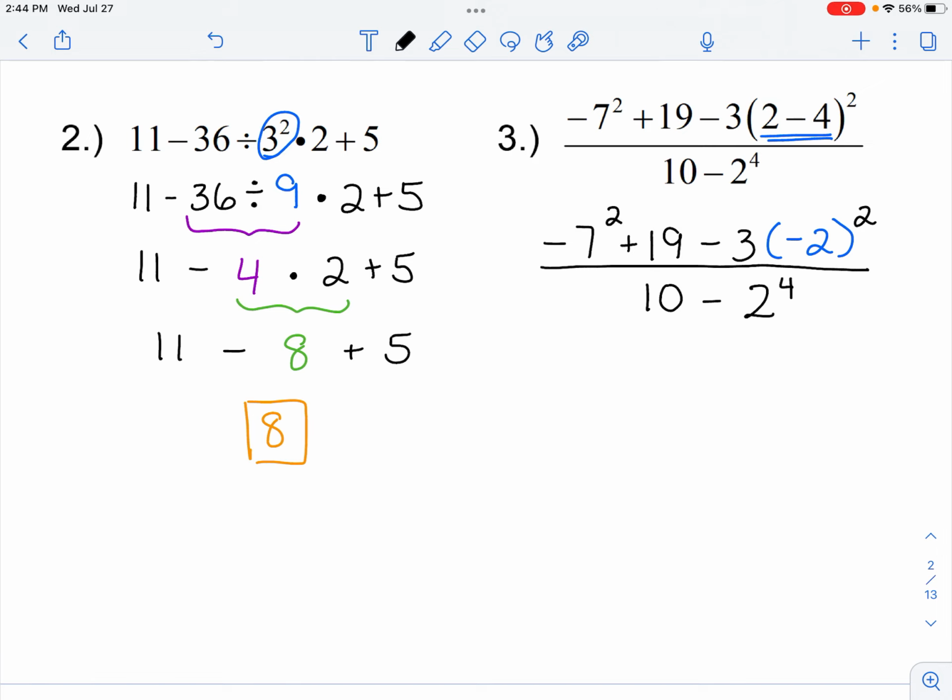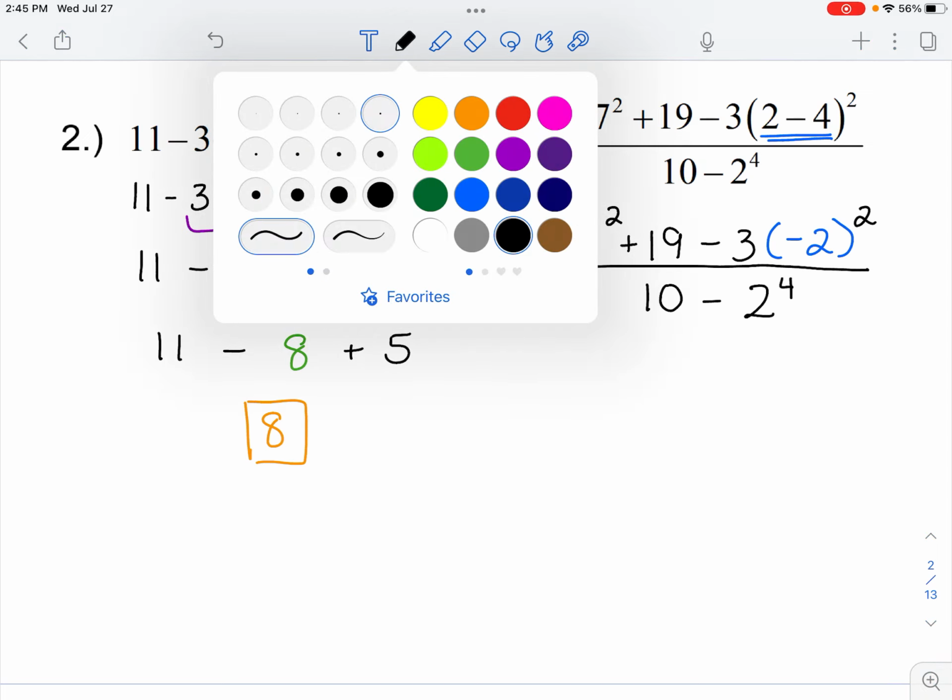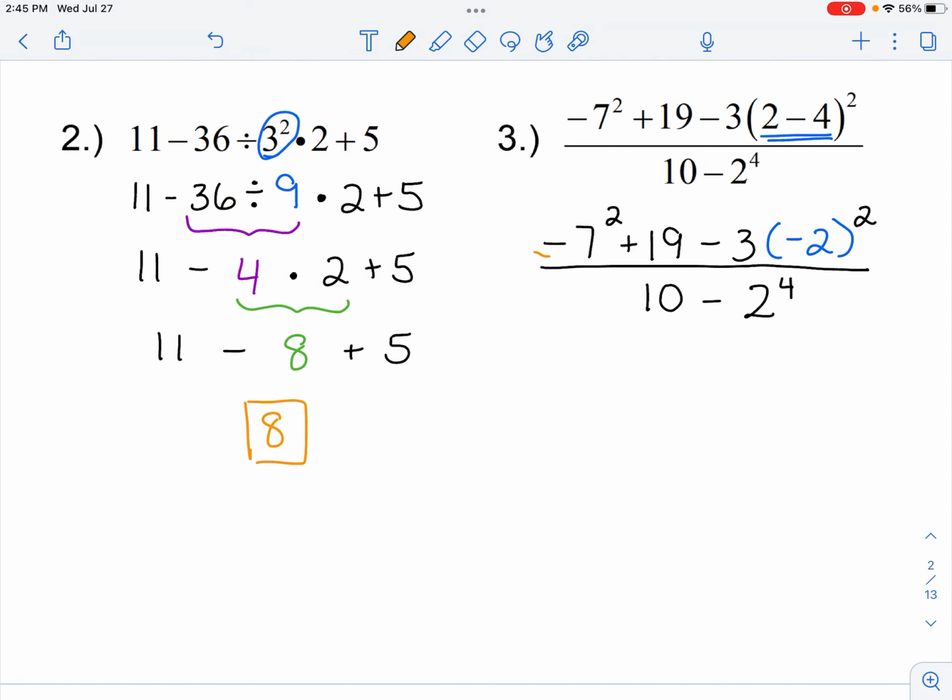So I dealt with the parentheses first. Now I'm going to deal with all of the exponents at the same time. Now this is where you need to be really, really careful. This right here is really just subtracting 7 squared. It's not negative 7 quantity squared.